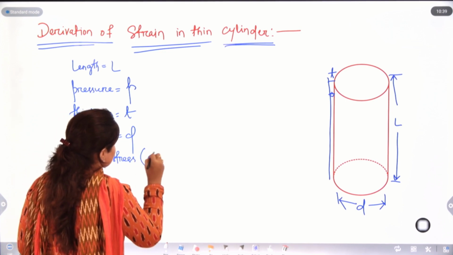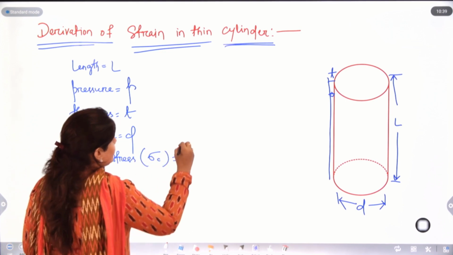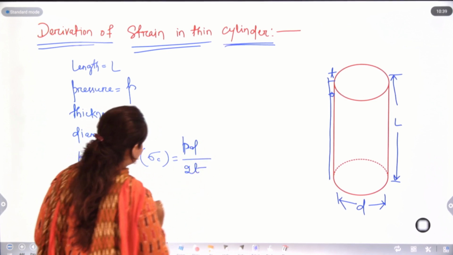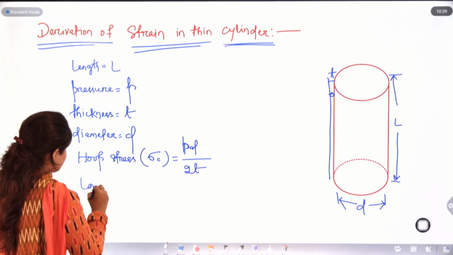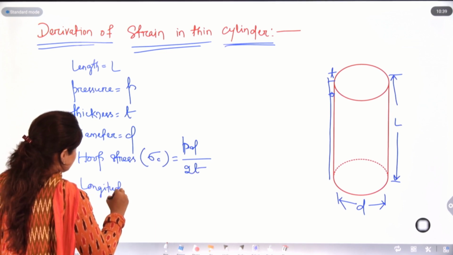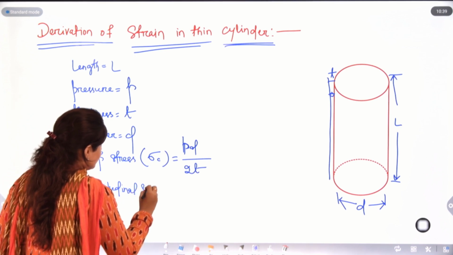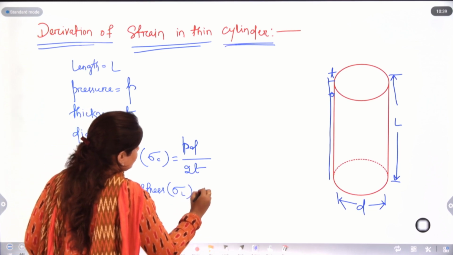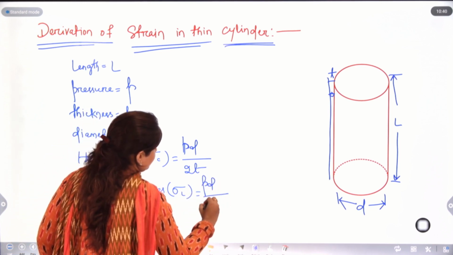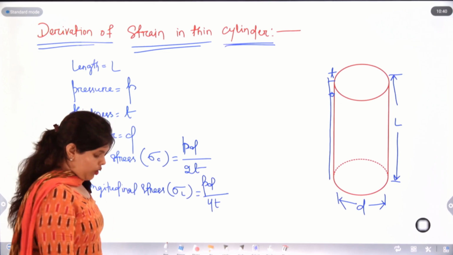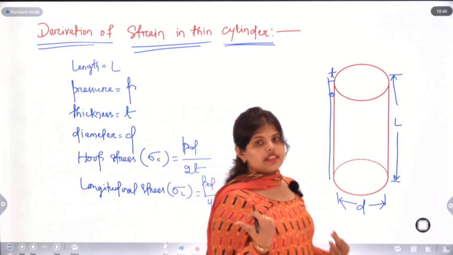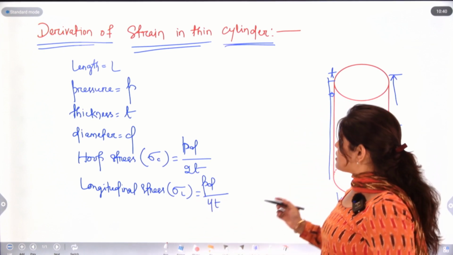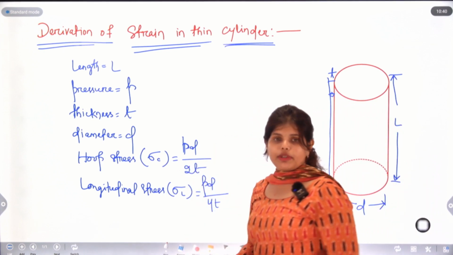We will take it as sigma c, that will be PD upon 2t. And our longitudinal stress as sigma L will be PD upon 4t. We have already derived these formulas; if you have not seen them, you can visit our previous videos.